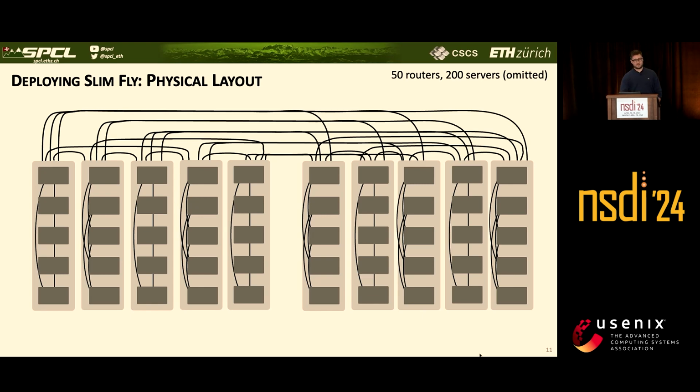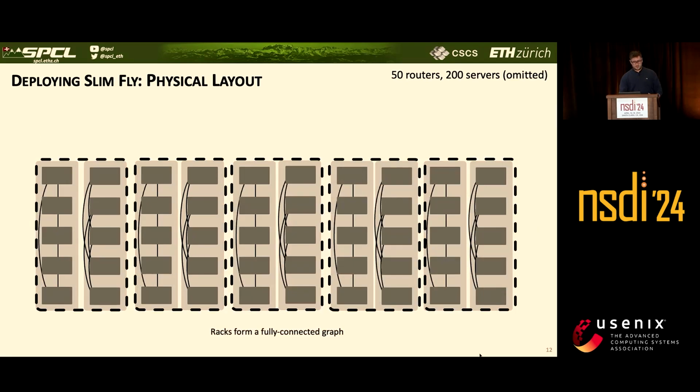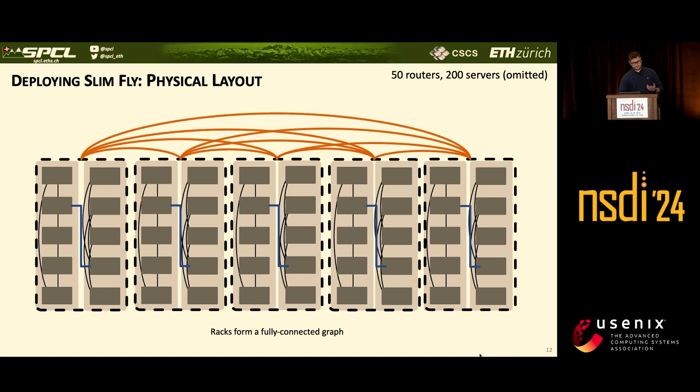So by having these pairwise subgroups, we just place them into the rack immediately, right? And this will form a fully connected graph between these racks. So we have these blue intergroup connections that are now within the rack that were before between the subgroups, that were much longer and much shorter now. And then we have the inter-rack connections, which form a fully connected graph here in orange.